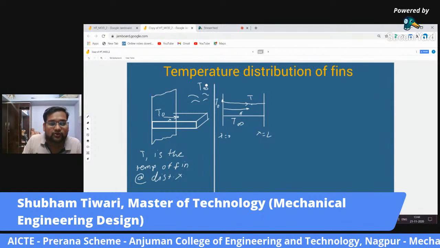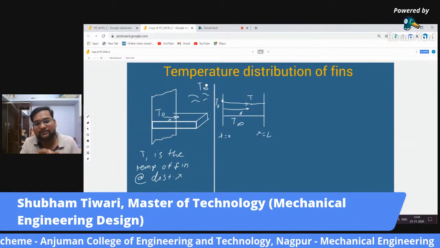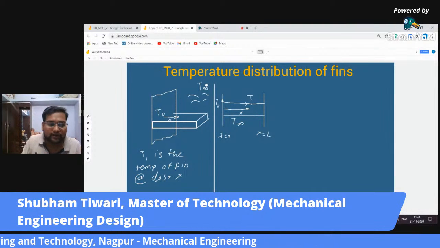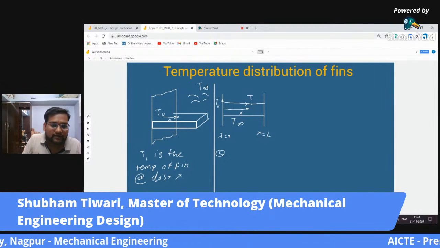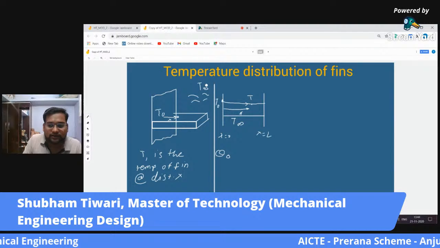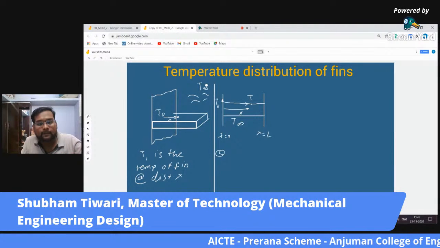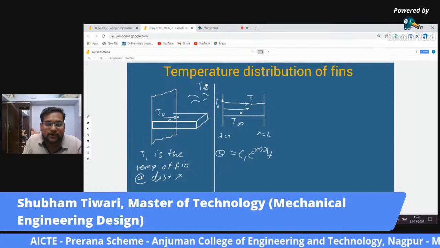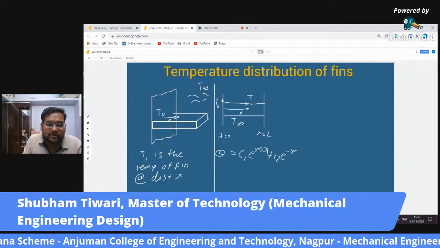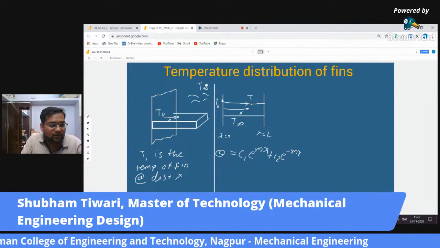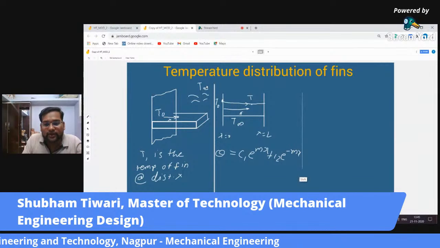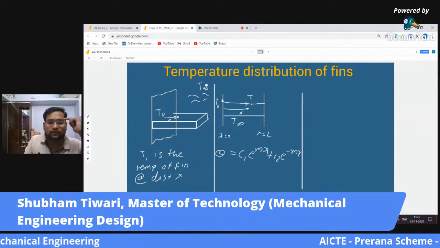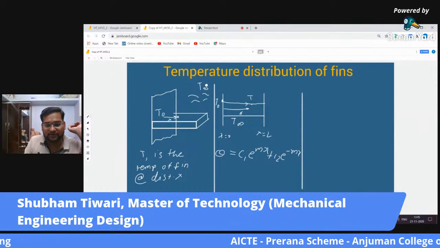The temperature distribution for a long fin and a short fin are different things. But the general equation is theta equals C1 e to the power mx plus C2 e to the power minus mx. This, if you may remember, is the standard solution for the differential equation.